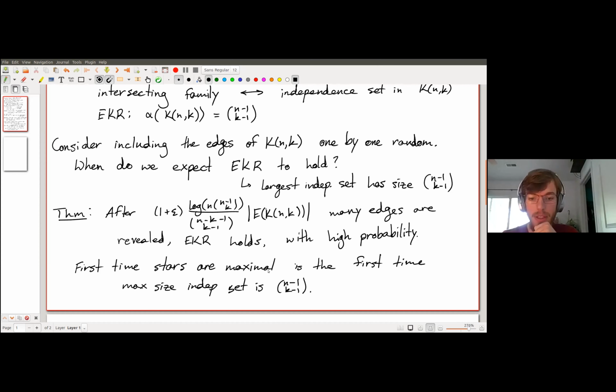Because for EKR not to hold, you need a set of that size to be independent, so you need to get rid of all the edges in a set of that size. That's how many you would deliberately have to forget for EKR not to hold with probability 1. So yes, you can still forget some. That is another interesting question, which I don't think is fully resolved, but is certainly easier than the probabilistic version.